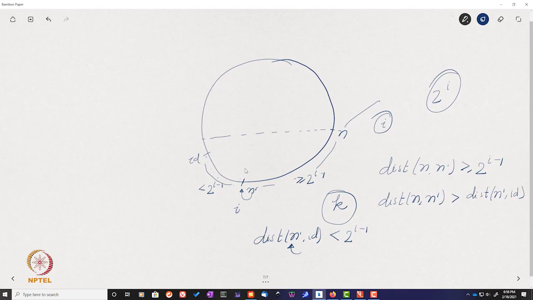It was 2 raised to the power I minus 1 plus 2 raised to the power I minus 1, which is 2 raised to the power I. Now when I start from n dash, I'll be considering a smaller span in the key space, which is 2 raised to the power I minus 1, which in other words is 2 raised to the power I by 2. So with every closest finger operation, the area in the key space that I'm looking at is dropping by a factor of 2.